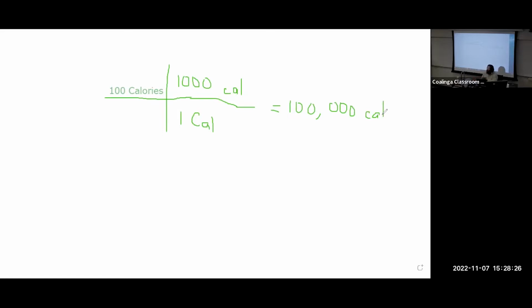Okay, so if we have 100 little c cal, how many joules is that going to be? We know the relationship between a joule and a calorie: for every 1 calorie, that's going to equal how many joules?